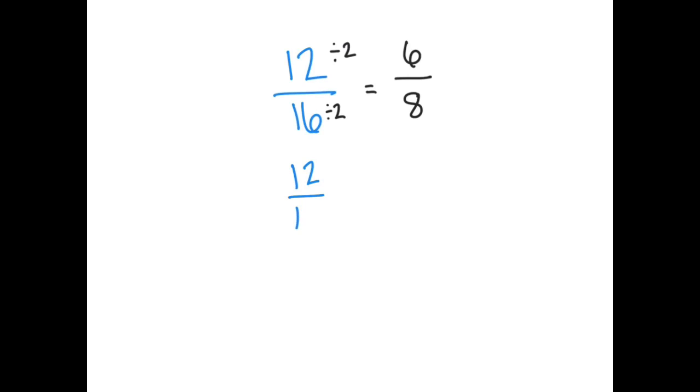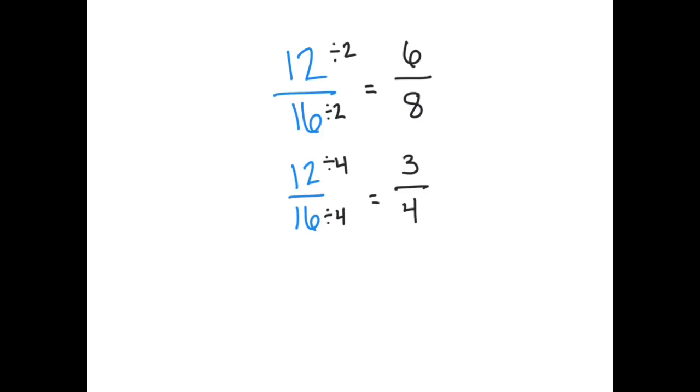You don't always have to divide by 2 to find an equivalent fraction. Looking at this, I know that 4 also goes into 12 and 16, so I can divide by 4. 12 divided by 4 is 3, and 16 divided by 4 is 4. So to find an equivalent fraction with a smaller denominator, you divide.